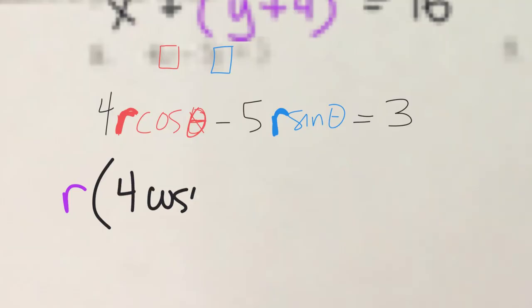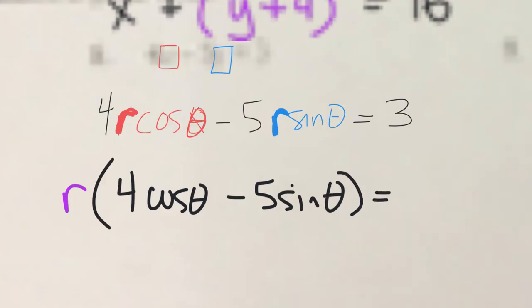That leaves 4 cosine theta minus 5 sine theta. I undistribute. Factoring is undistributing. Both of these have the r in common, I pull it out, and now I have r times all this stuff.